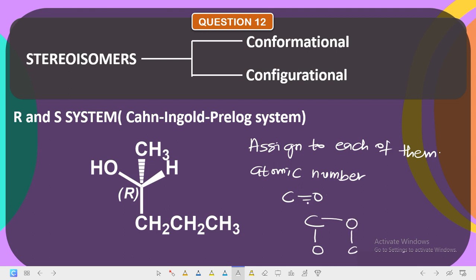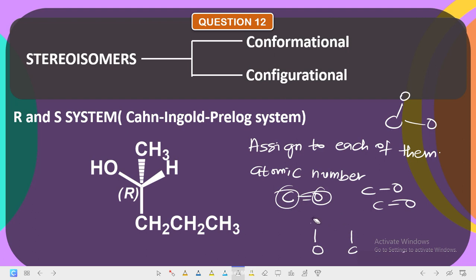Are you getting it? You see them as two different atoms entirely: carbon to oxygen, and another carbon to oxygen. You don't see it as one carbon to one oxygen. Is that understood? So for your priority, you break them down. You can say this is carbon, this is what? Oxygen, and what? Oxygen, like this. Is that okay? So that is that for the Cahn-Ingold-Prelog principle.